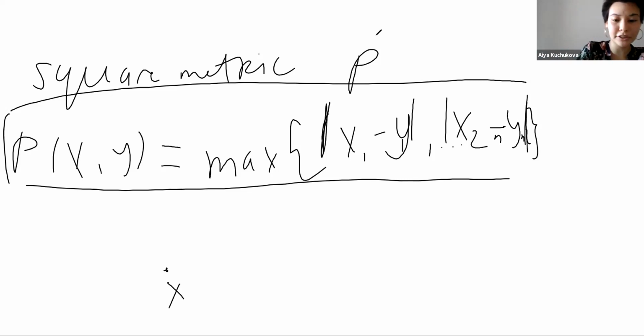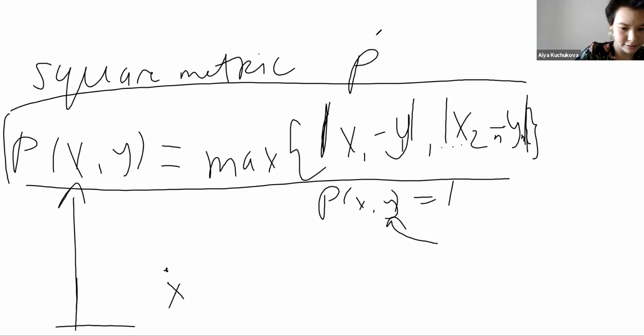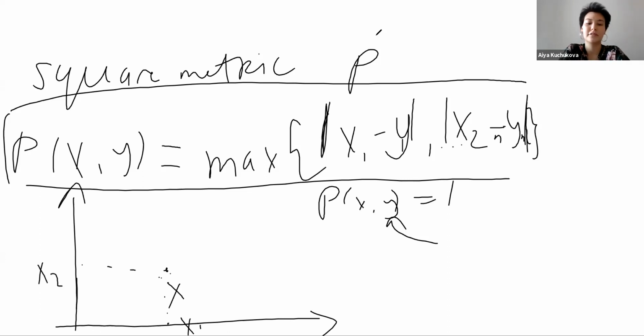And we want to find a circle with radius 1, so all points y with distance 1 from x. Well, let me draw it like this. It would have x1 and x2 here. Is that better?